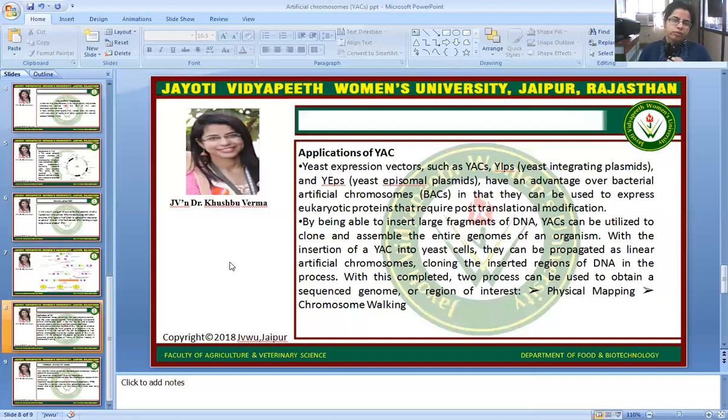With the insertion of YAC into yeast cells, they can be propagated as linear artificial chromosomes, cloning the inserted regions of DNA. With this completed, two processes can be used to obtain a sequenced genome or region of interest. First is physical mapping, second is the chromosome walking method.